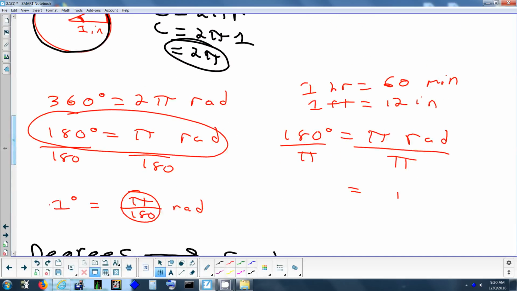Now it says 1 radian, because the pi's cancel, 1 radian equals 180 divided by pi degrees. So if you wanted to know how many degrees exactly is 1 radian, type on your calculator 180 divided by, and hit your pi button. It comes out to about 53 something.